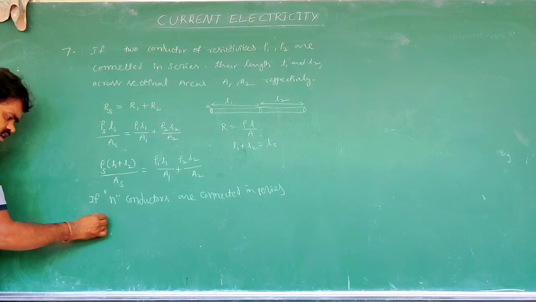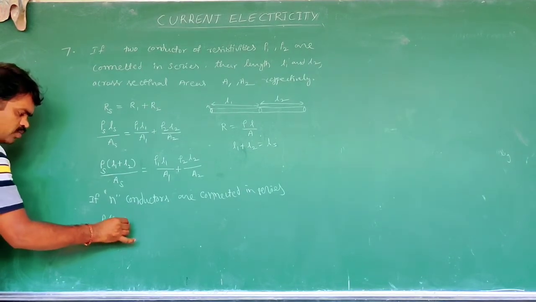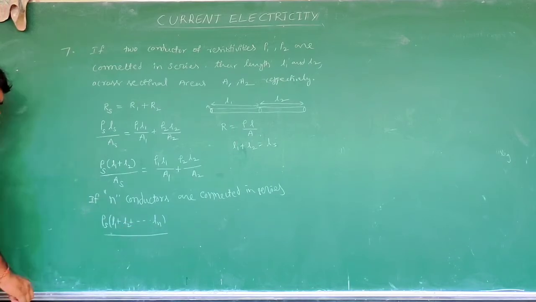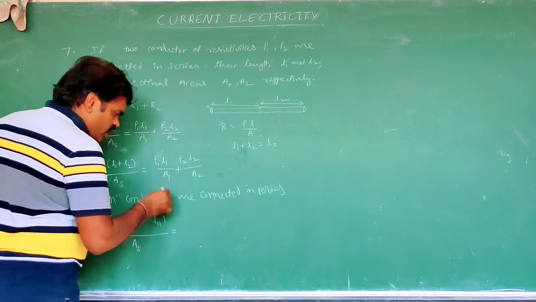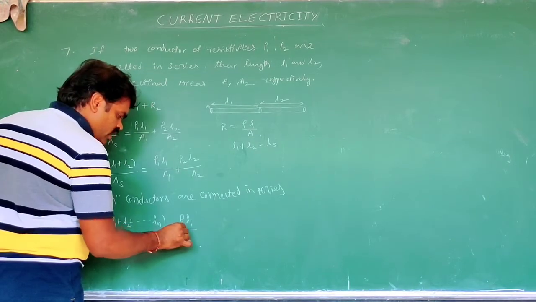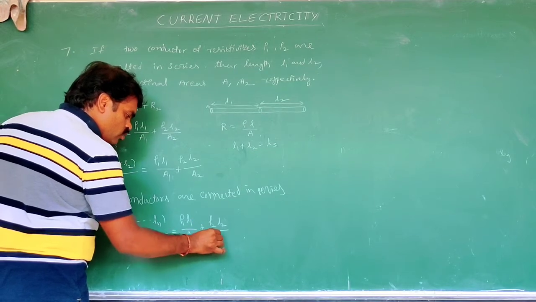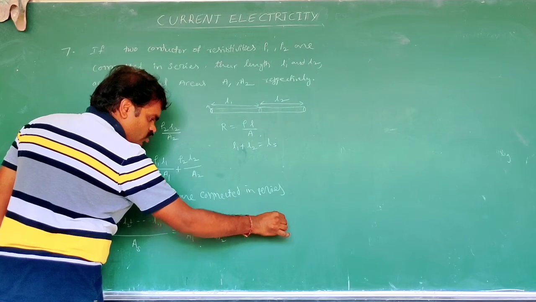Then similarly here, rho S into L1 plus L2 plus dash dash, n conductors by As, that must be equal to what you write? Rho 1 L1 by A1 plus rho 2 L2 by A2 plus dash dash dash rho n Ln by An.